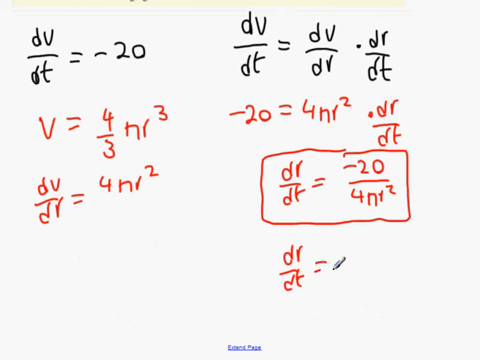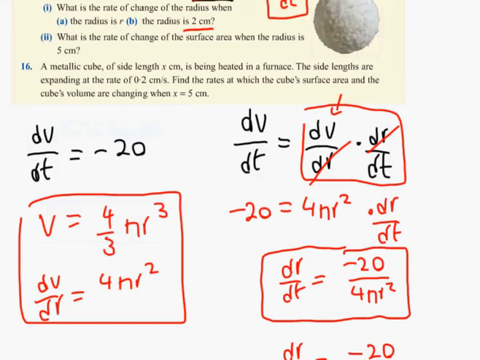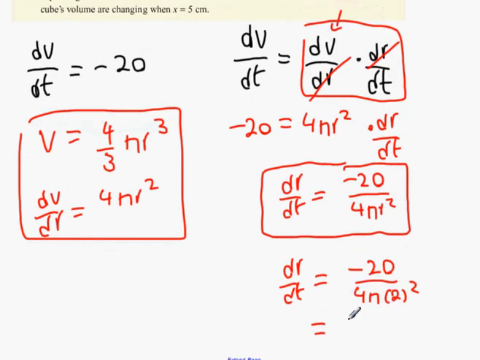dr/dt is going to be minus 20 over 4 pi times, was it 2 squared? Somebody put that in the calculator for me, let me know what it is. So guys, what we have here is minus 20 over 16 pi.